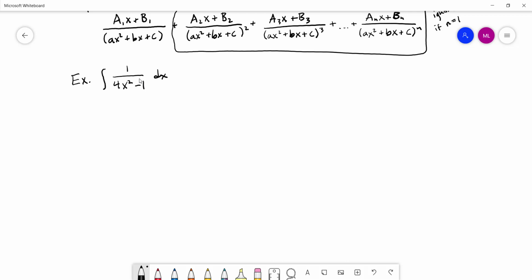So the first step is to try to factor this denominator. And hopefully we recognize right away that this is a difference of 2 perfect squares. So this is going to be a difference of squares. So start by factoring the denominator.